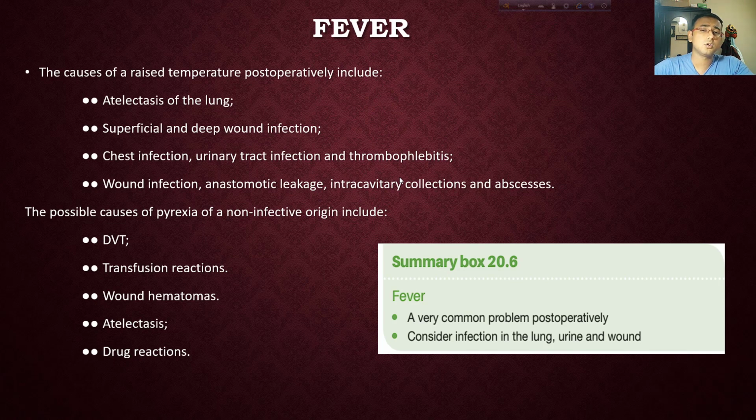These are very common nowadays after surgery, or misplacement of drain. If the drain is not adequately placed, abscess, hematoma or other complications may arise. Possible causes of pyrexia of non-infective origin are DVT, transfusion reaction, wound hematomas, atelectasis and drug reaction.